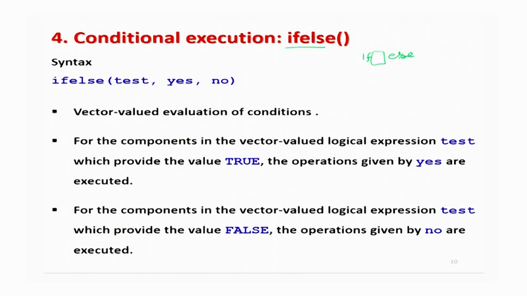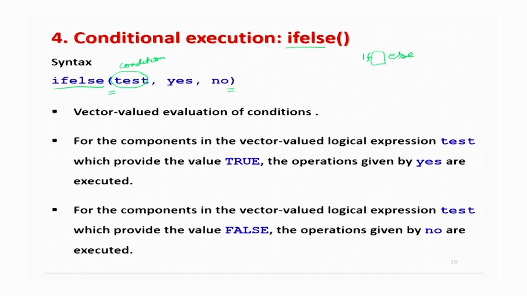The difference is like this. Inside the parenthesis, whatever you want to execute has to be specified, and the way it is specified is like this: you give a condition, and this condition is to be tested.